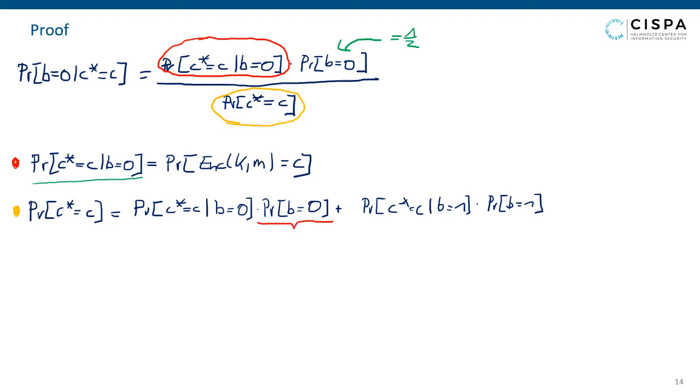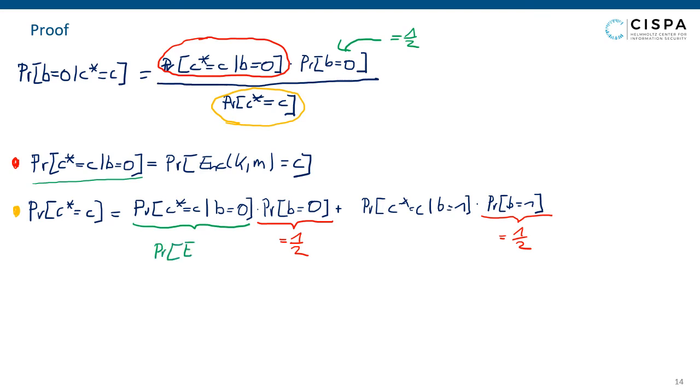Okay, so what can we simplify here? Well, the probability B equals 0, that's just 1/2. Same thing, B equals 1, B is chosen uniformly random, that's just 1/2 as well. Moreover, this probability, we've just computed it.